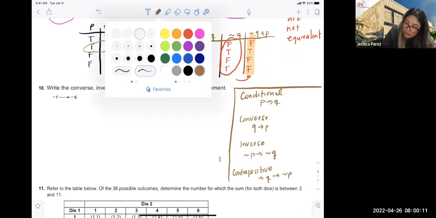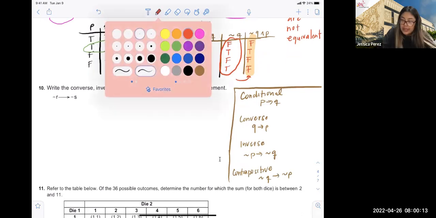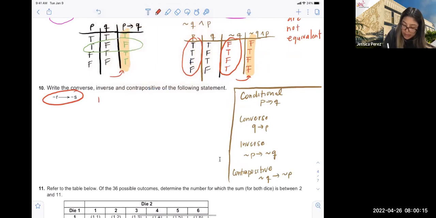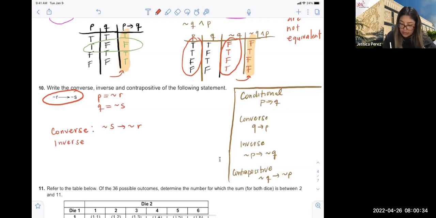So for this particular example, my P is not R and my Q is not S. So my converse, all I have to do is switch. So you're doing not S implies not R. My inverse, you're negating each one, negating the original.